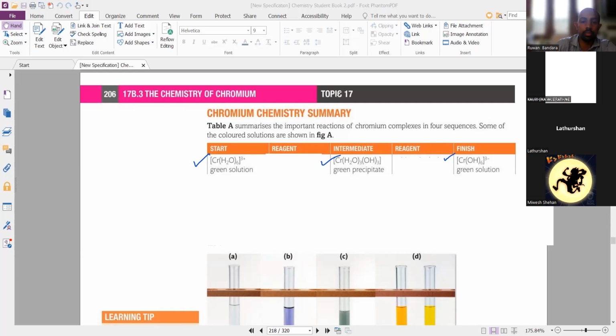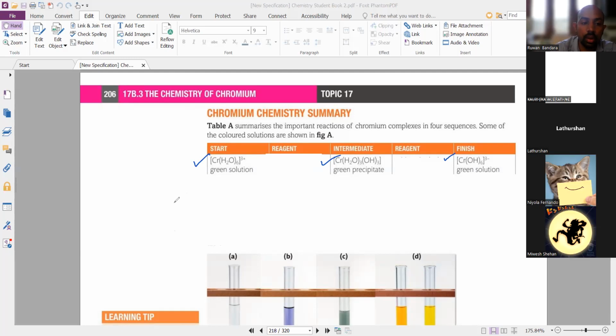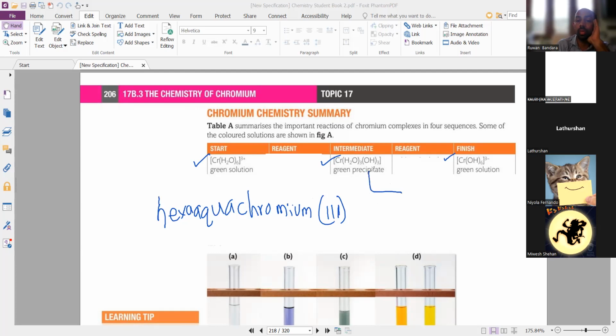Very good. Hexa for 6. Aqua, chromium, 3. Hexa, aqua, chromium, 3. Nivesh, second one.